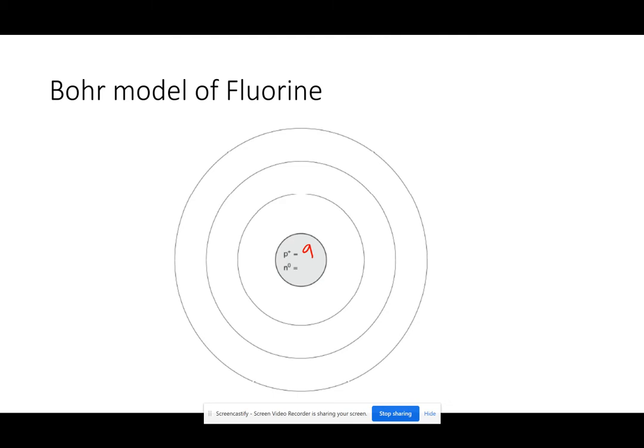It has 9 protons, and it is going to have 10 neutrons after we subtract the number of protons from its atomic mass. But more importantly, because it has 9 protons, it's also going to have 9 electrons. So that's 2 on the first level and 7 on the second level, for a total of 9 electrons.